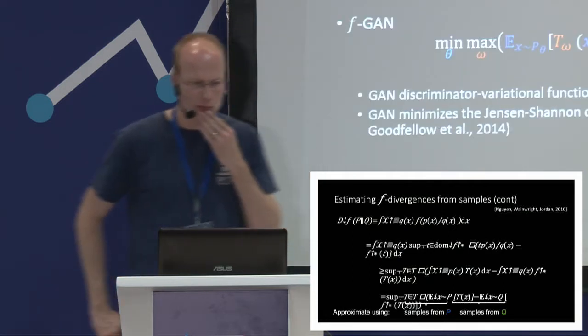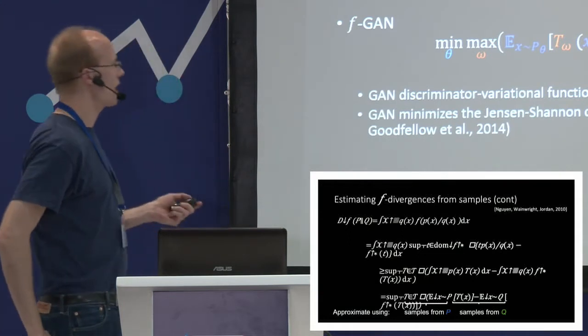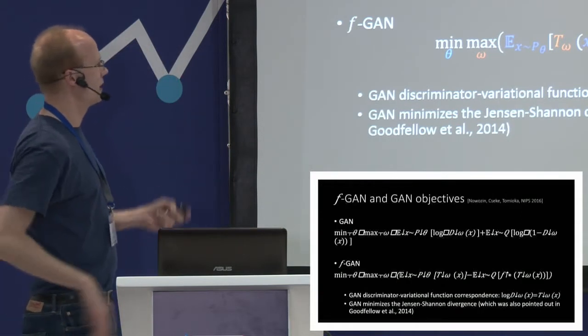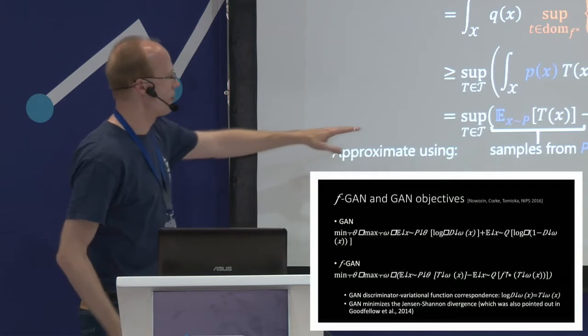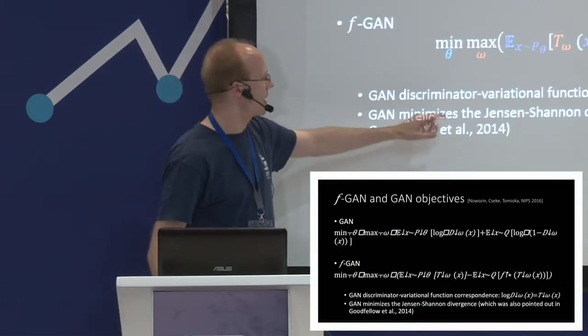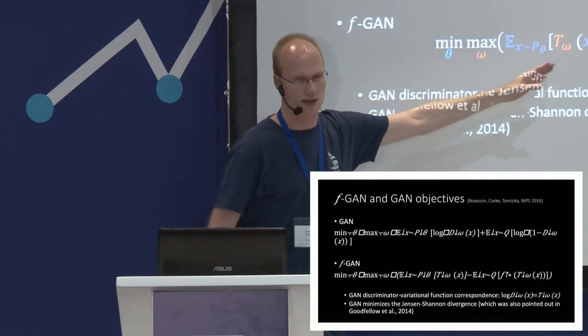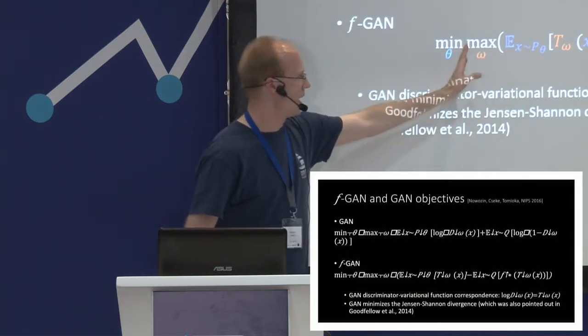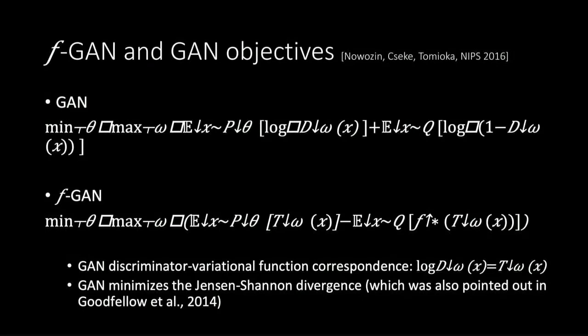Now, if you compare this f-GAN formula with a GAN formula, the lower bound here, so supremum becomes a maximum, right? So the maximum, the inner part is this representation, is exactly what we had. But then you want to optimize, you want to minimize this divergence. It's like a distance, you want to minimize it to have a good generator.